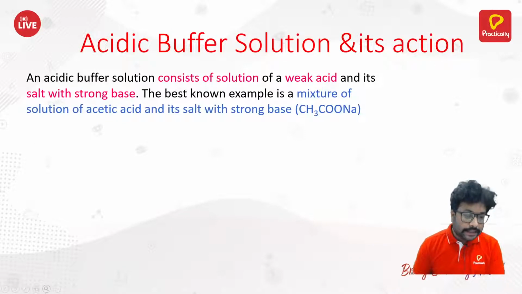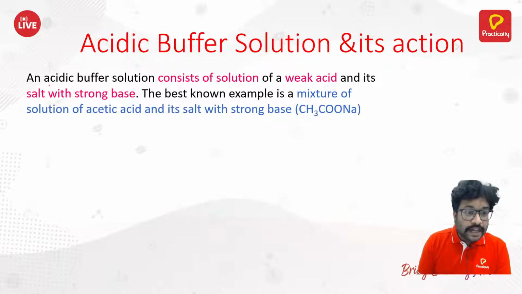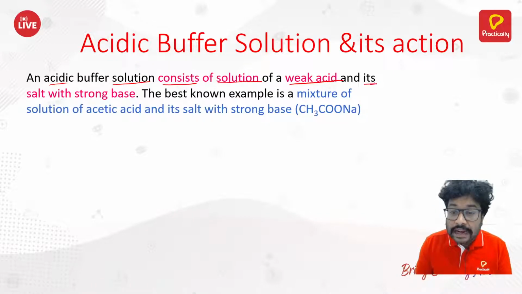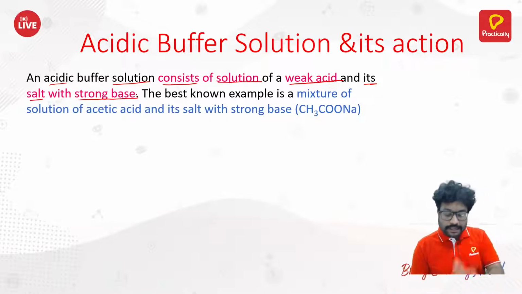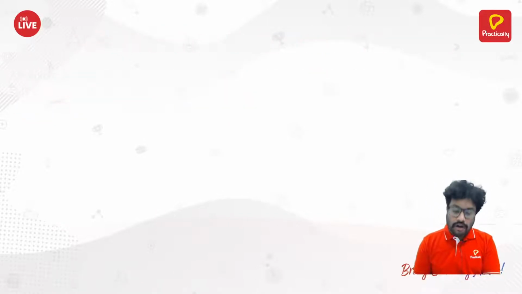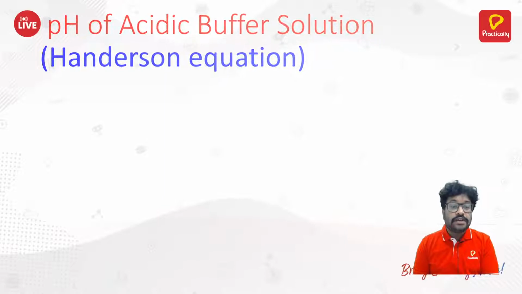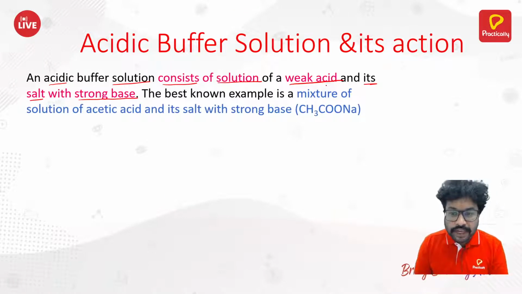See, the acidic buffer. What is an acidic buffer? An acidic buffer solution is basically a mixture of a weak acid and its salt with a strong base. Okay, it's a mixture of a weak acid and its salt with a strong base. What is the best example?